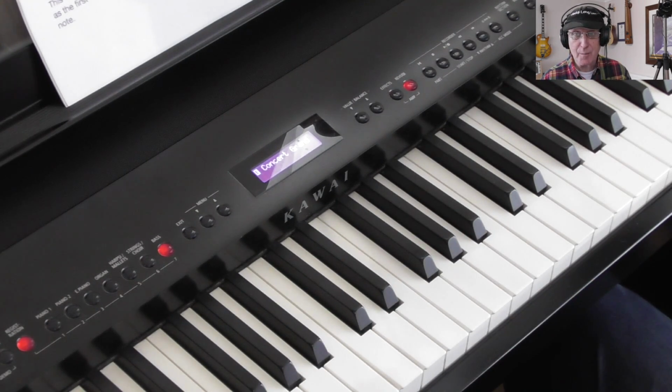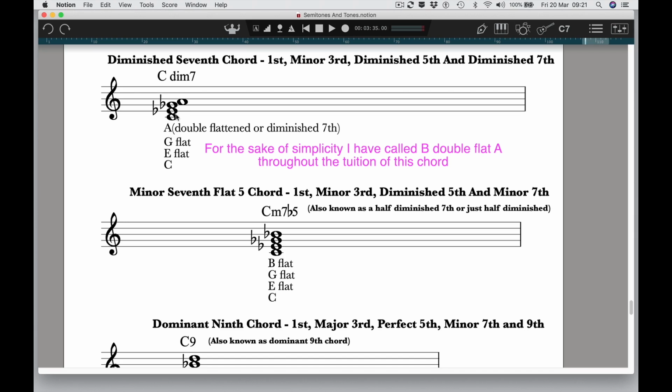Wow, getting quite complicated now, isn't it? Let's look at those notes. So C, E flat, G flat and A. Now we're getting into the realms of very advanced stuff here, so please don't panic about this. It doesn't matter if you don't understand it, as long as you know what to do when somebody says, oh, I want a diminished seventh chord here.